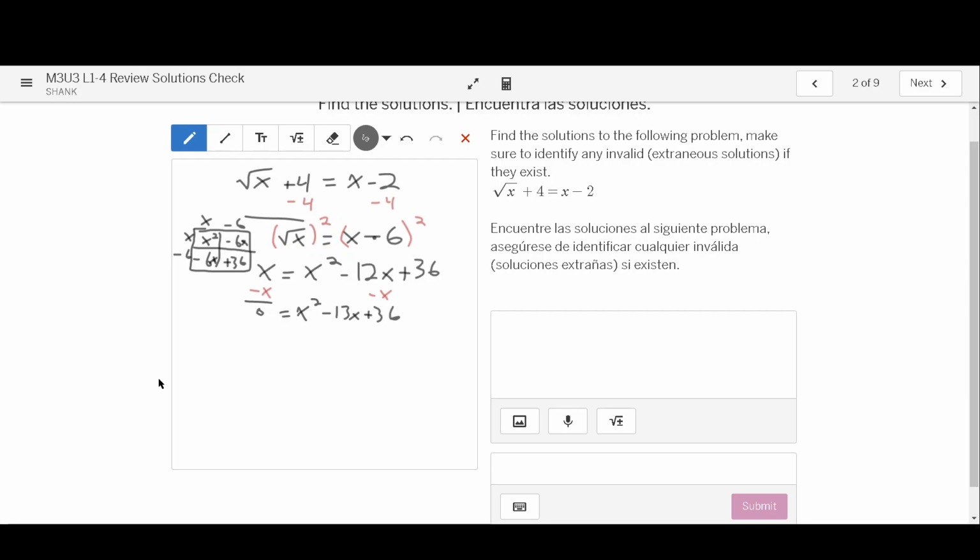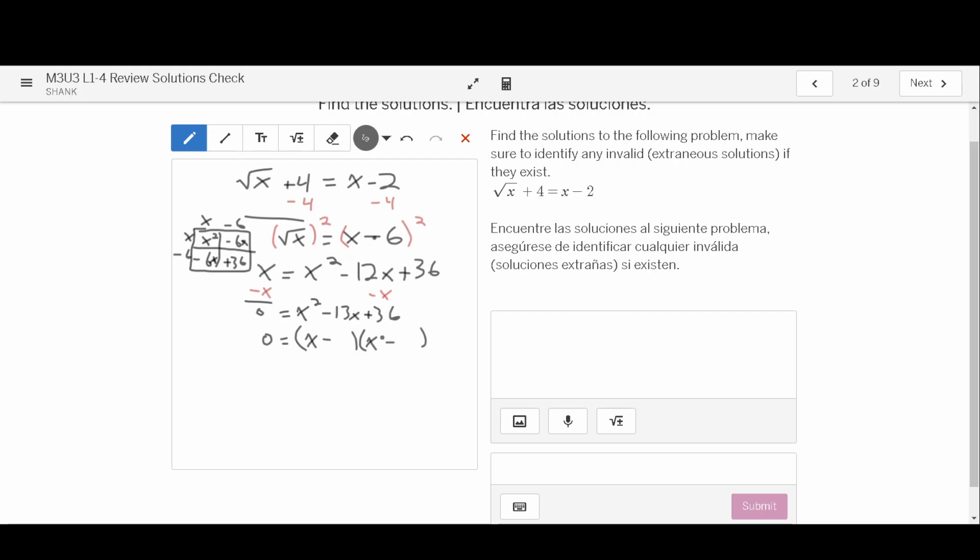Now I need to come up with that intercept form, because I have it in standard form right now. What I can do is either graph it out or use products and sums. I have 2 sets of parentheses that are going to be set equal to 0: x minus something times x minus something, because my product is positive 36 and my sum is negative 13.